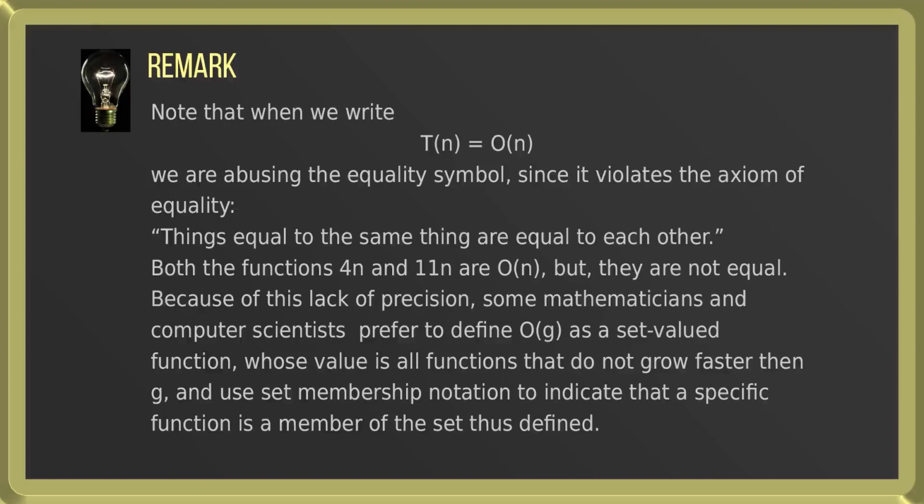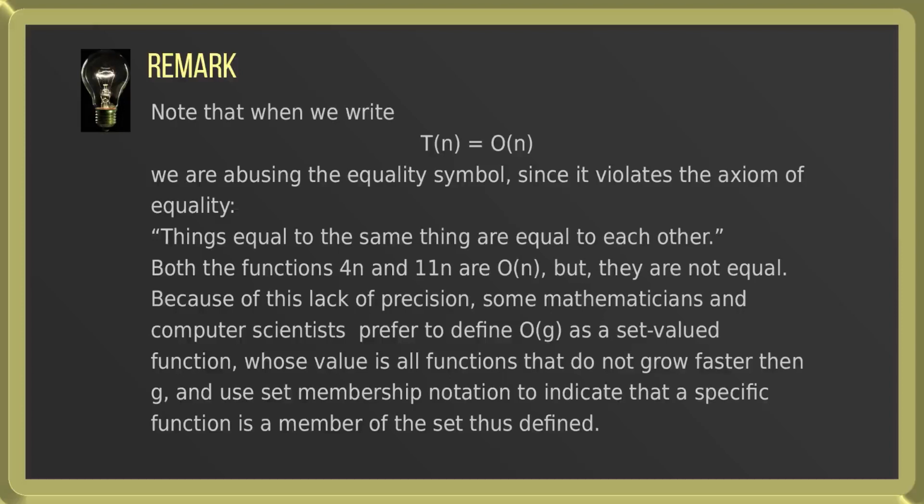Note that when we write T of n is equal to big O of n, we are abusing the equality symbol, since it violates the axiom of equality: things equal to the same thing are equal to each other. Both the functions 4 times n and 11 times n are big O of n, but they are not equal.